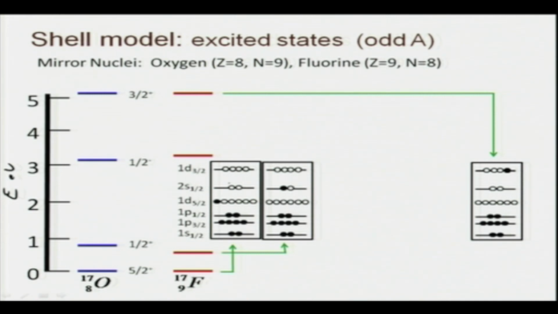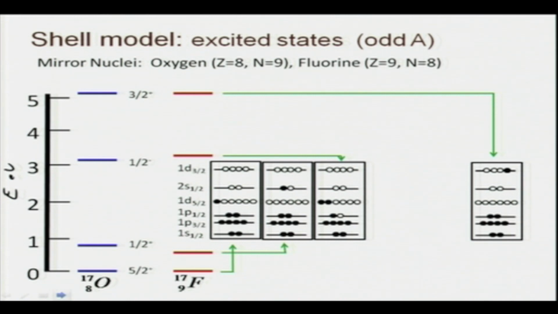And if we break that and put one of the neutrons from there to 1d 5/2, like this. The neutron in the pair in 1p 1/2 breaks away and goes to 1d 5/2 and joins that unpaired neutron, and it becomes a pair.